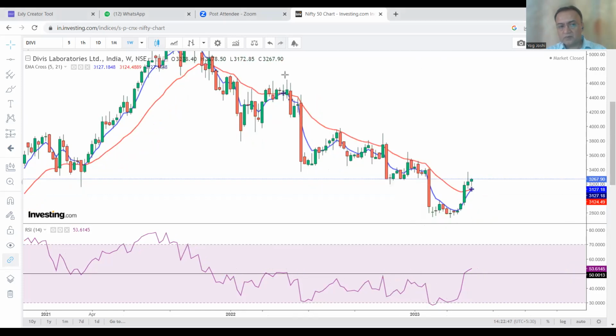On the weekly chart, the weekly close of Davis Lab is over and above its 5-week and 21-week moving average, and RSI is also above the middle 50 line. So whenever RSI goes beyond the 50 line and we receive a positive crossover, what happened as per the historical data?